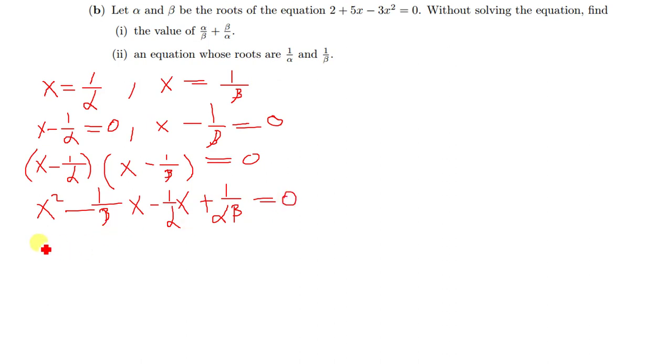So from there you are going to have x squared, then minus, in brackets, 1 over beta plus 1 over alpha, and then your x will just be written outside. Then you write something like this, being equal to 0.